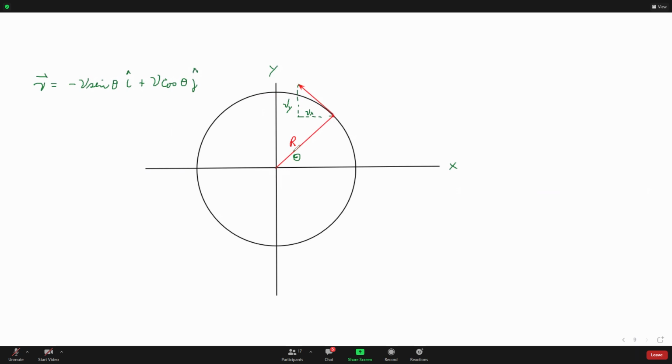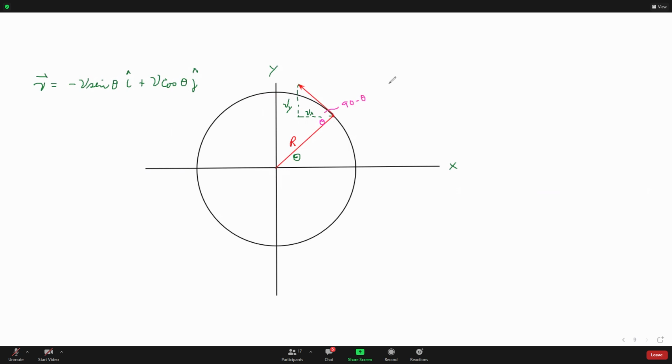So that angle is theta. That makes this angle right here theta. This angle is 90 minus theta.